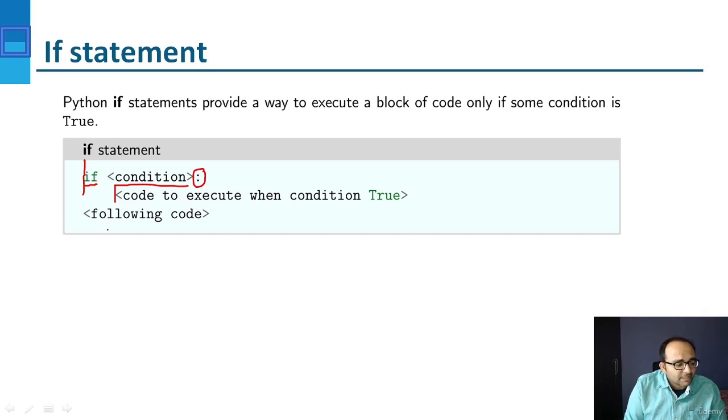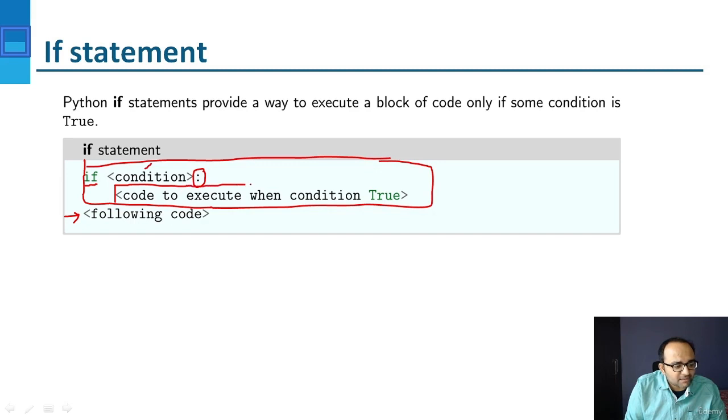And this line is outside the if block. So these two lines: this is the if condition and this is a statement inside the if block, and this statement is outside the if block.